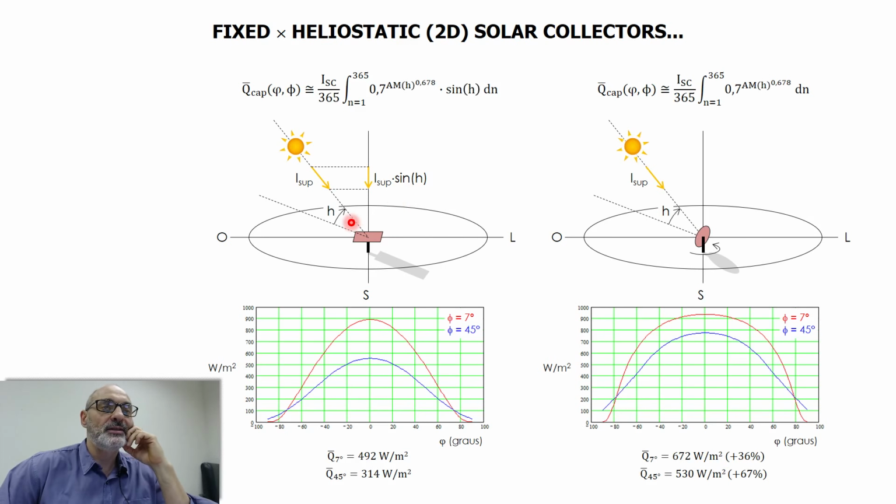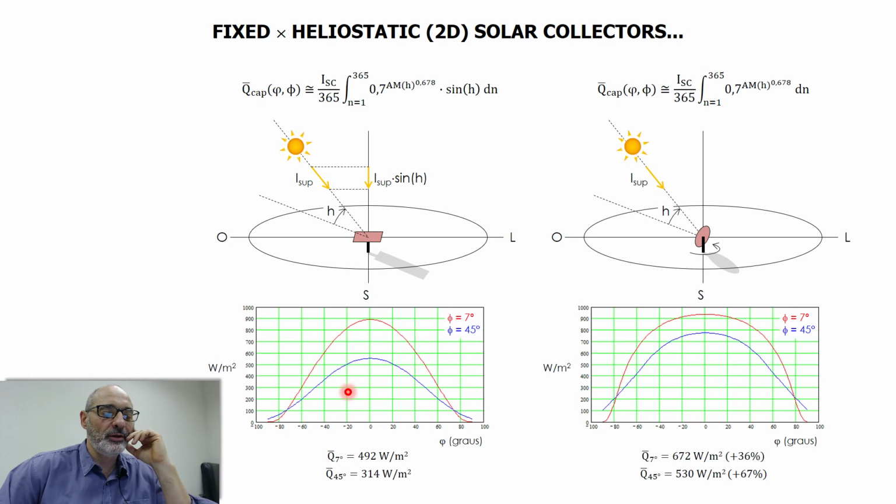So this means multiplying by sine of the sun's elevation. That's why in the formula appears sine of h, because the amount of energy must be projected to this vertical line here.